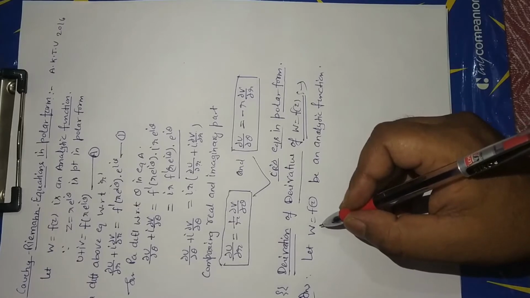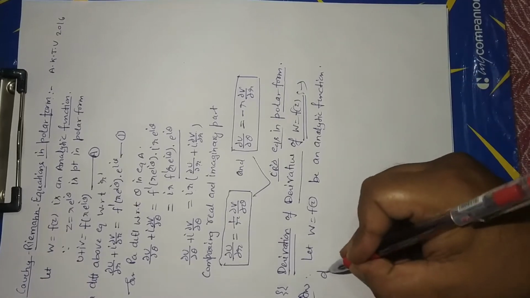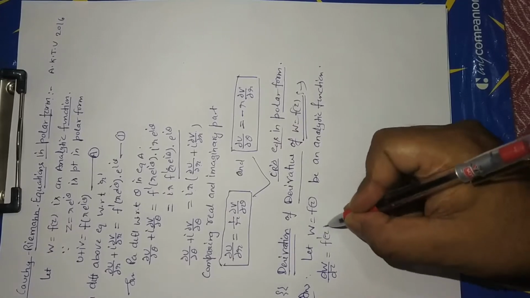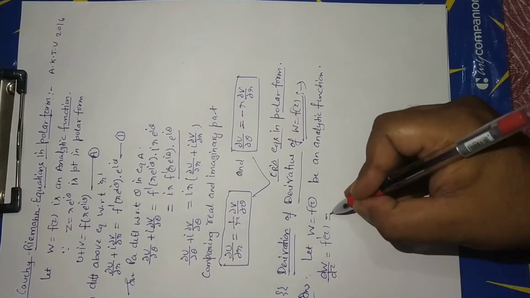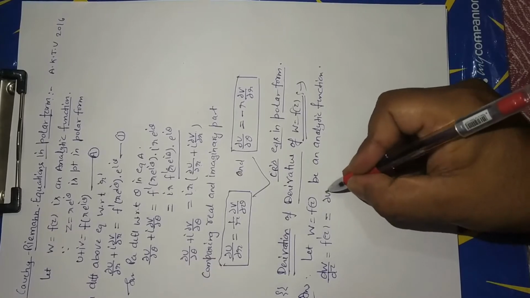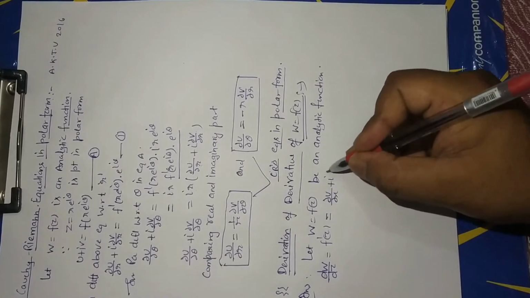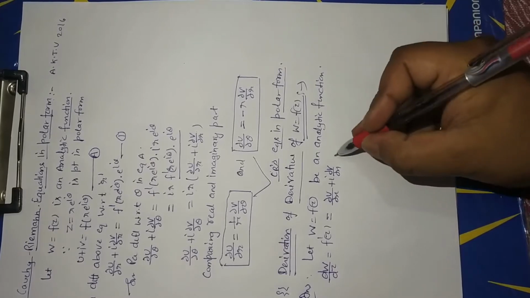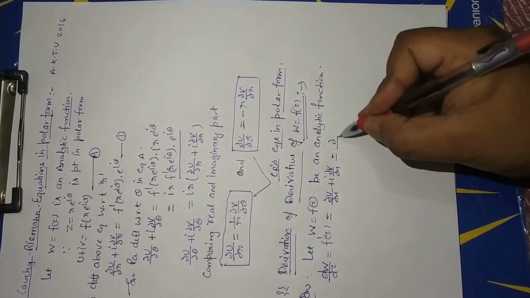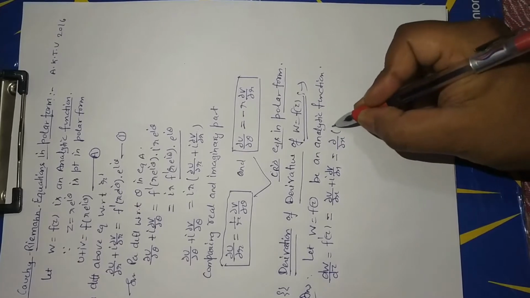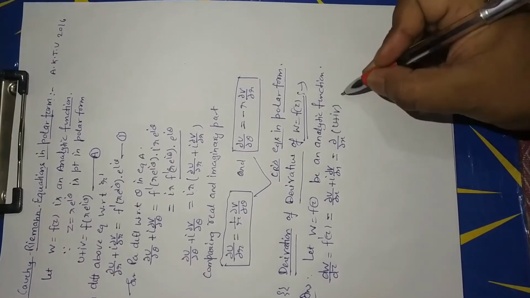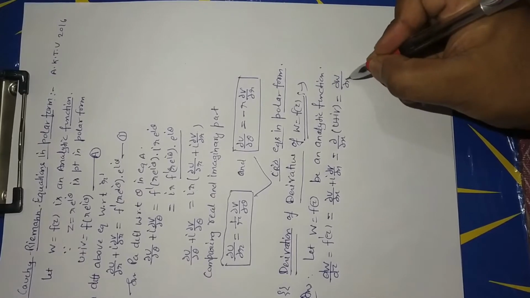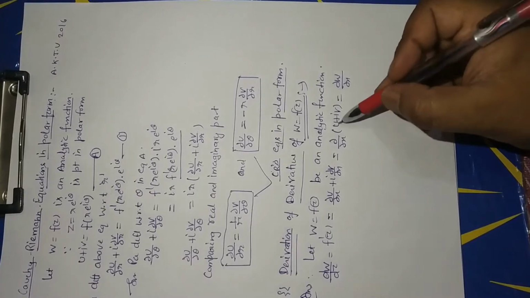Now differentiate: dw upon dz equal to f dash z. This is equivalent to del u upon del x plus i del v upon del x. Now we can say del upon del x common, u plus iv. This is equal to del w upon del x, since w equal to u plus iv.